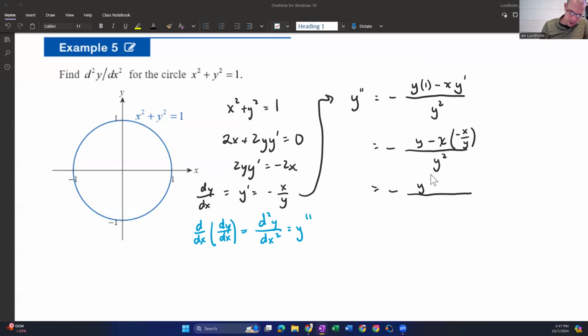So we've got y minus, plus x squared over y, and then y squared. So let's divide by y squared, both of those terms. We would have negative 1 over y minus x squared over y cubed.